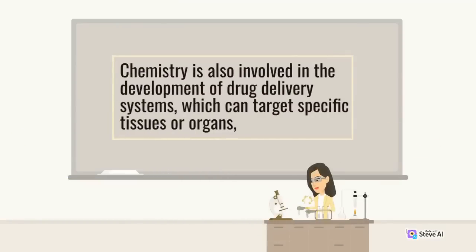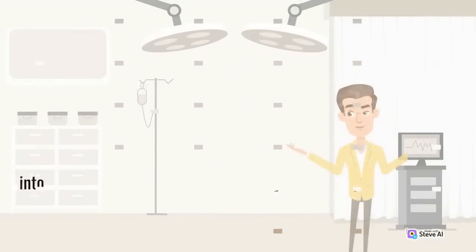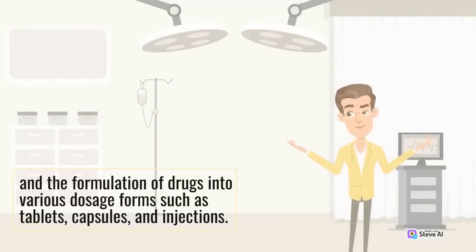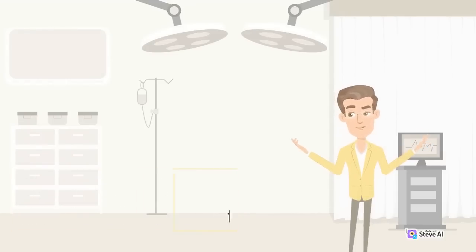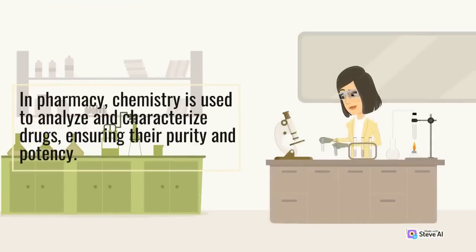Chemistry is also involved in the development of drug delivery systems, which can target specific tissues or organs, and the formulation of drugs into various dosage forms such as tablets, capsules, and injections. In pharmacy, chemistry is used to analyze and characterize drugs, ensuring their purity and potency.